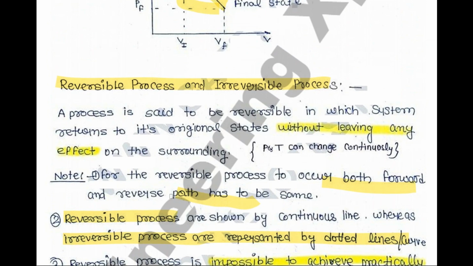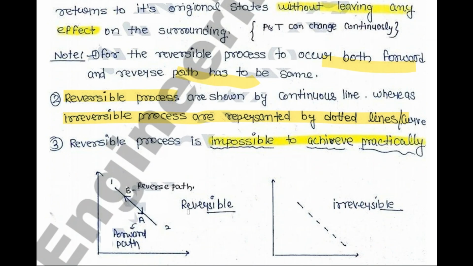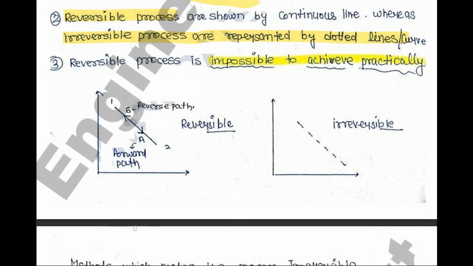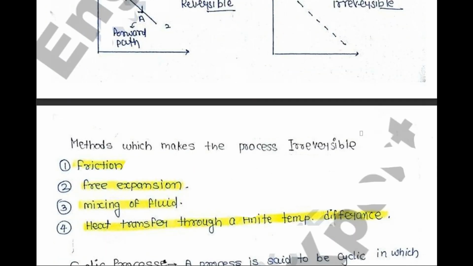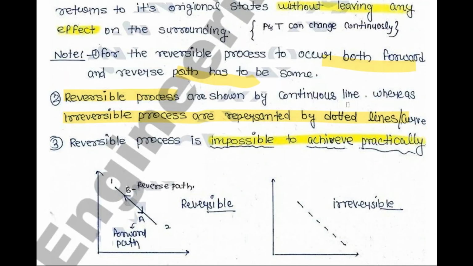Here are some notations: a solid line represents reversible, and a dotted line represents irreversible processes.